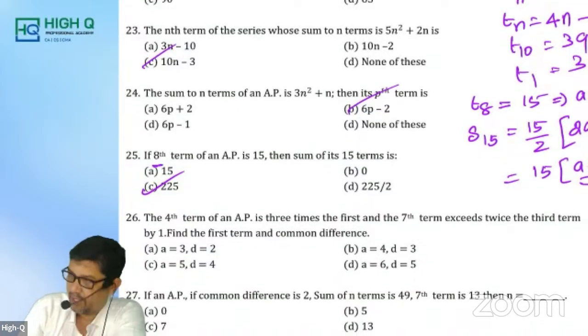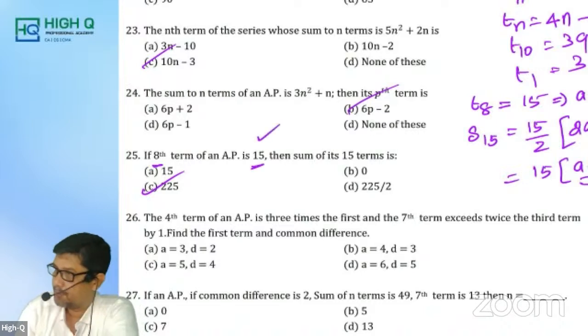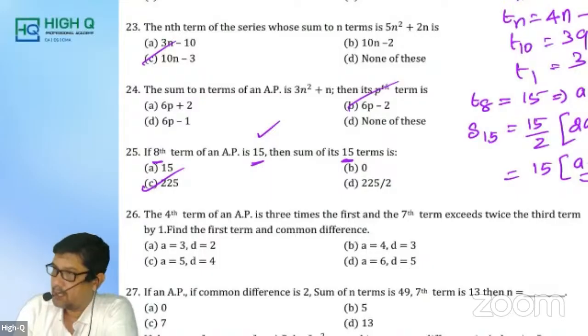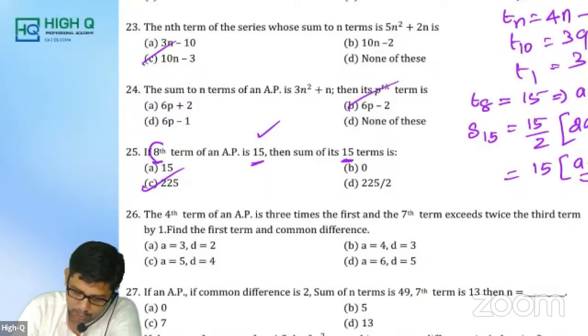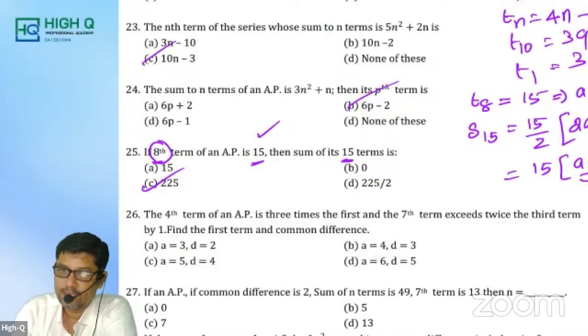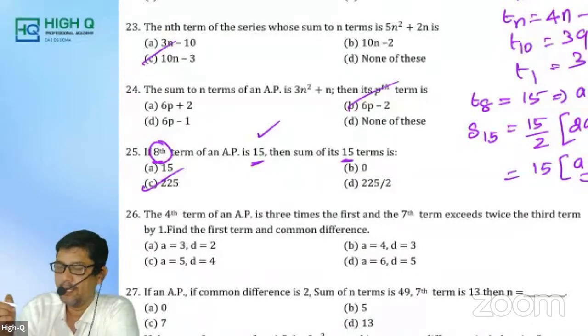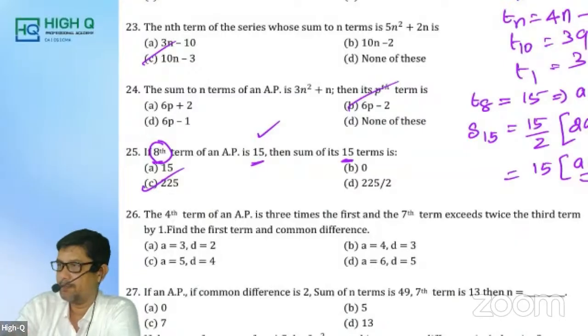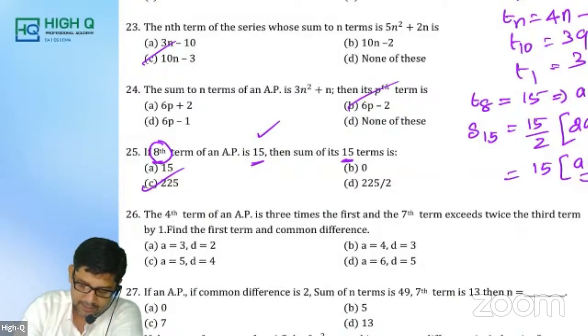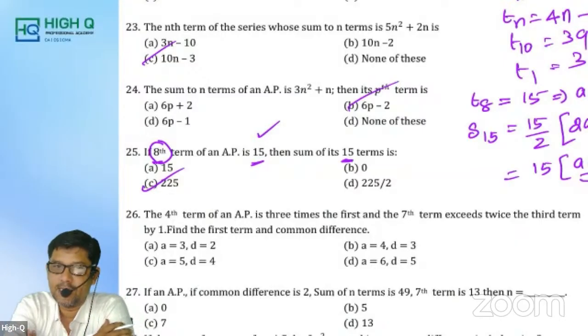Eighth term is 15. Whatever number is given, keep it as it is. Now, this is the sum of 15 terms. 2 8s are 16. 16 minus 1 is 15. So that is the 15 terms they are asking. For example, if the 7th term is given, what will they be asking you?